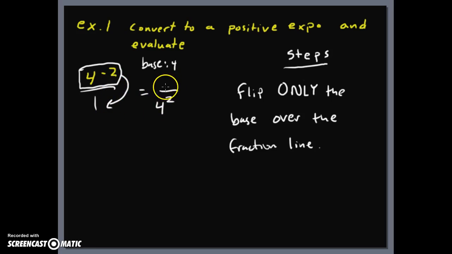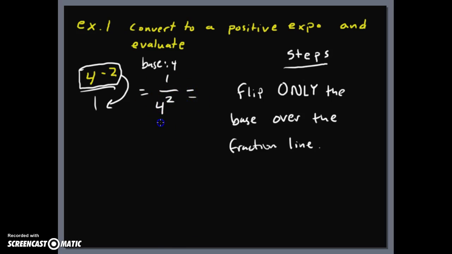So what is left in the numerator? A 1. Now I don't want you to think that you're flipping the fraction, because you're not. You're not taking this 1 and putting it down here and taking this and putting it up here. It just happens to be that the number that is left once you take the 4 out is a 1.